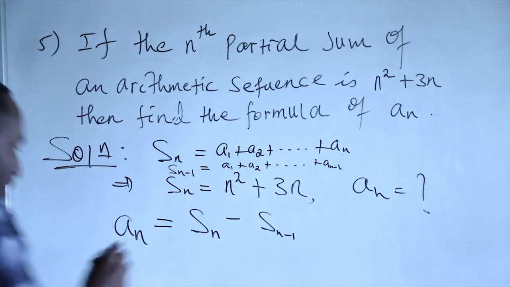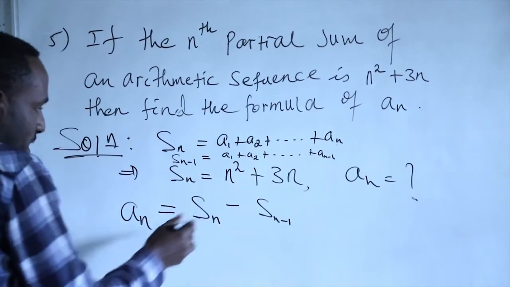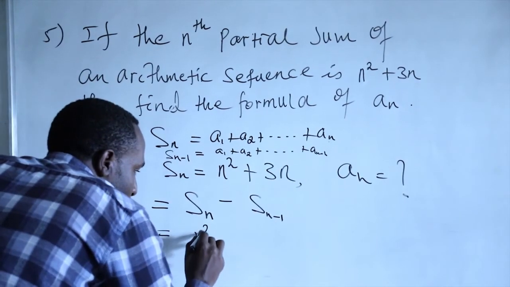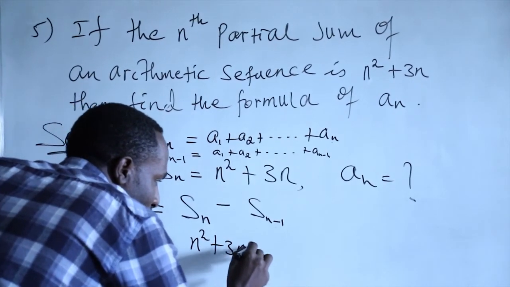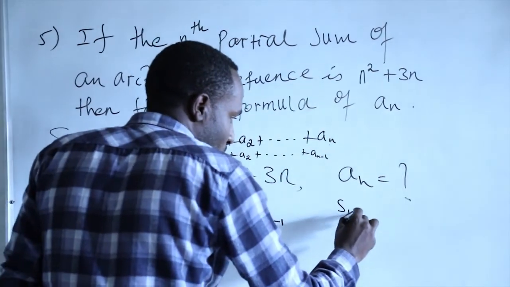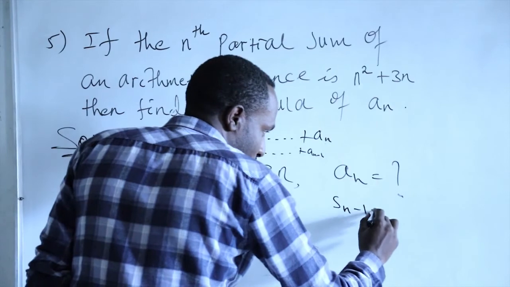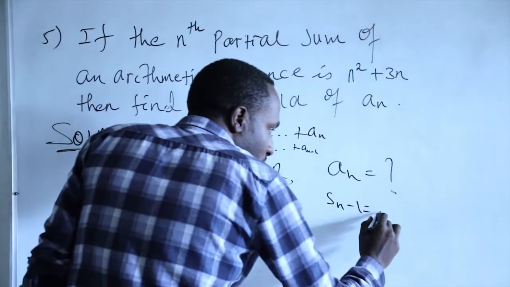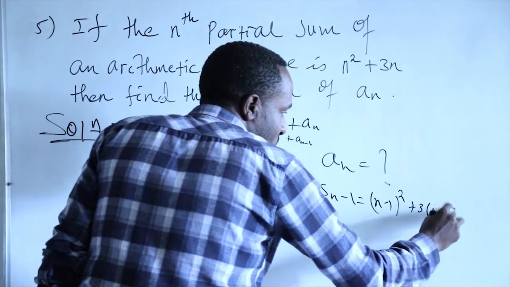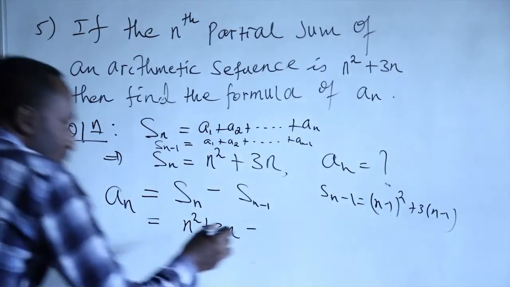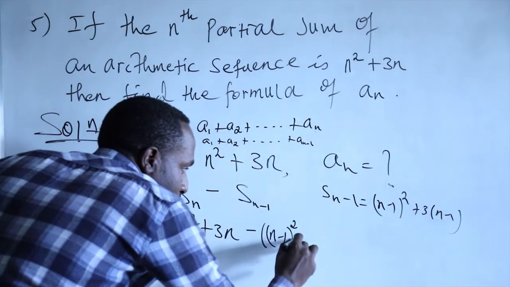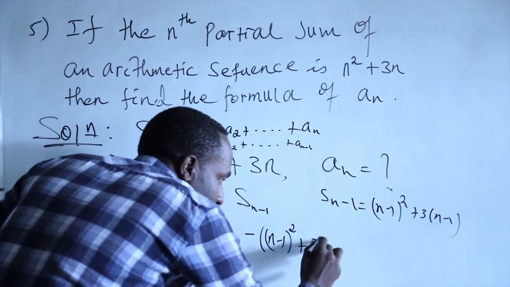So this is exactly equal to Sn, which is given here as n squared plus 3n, minus Sn minus 1, which is n minus 1 the whole squared plus 3 times n minus 1.